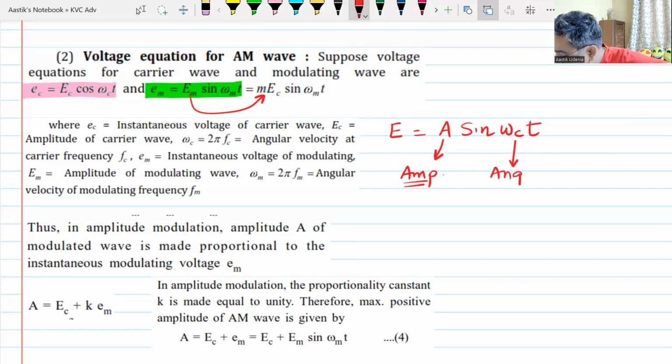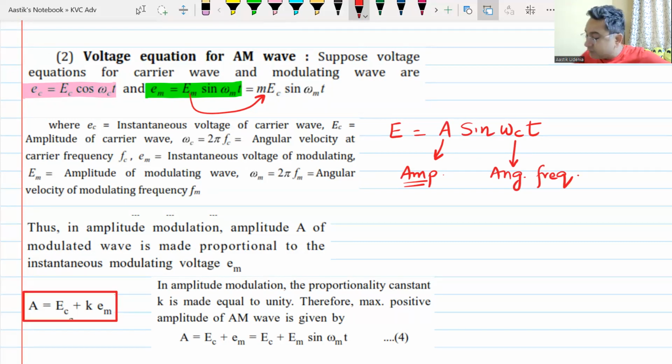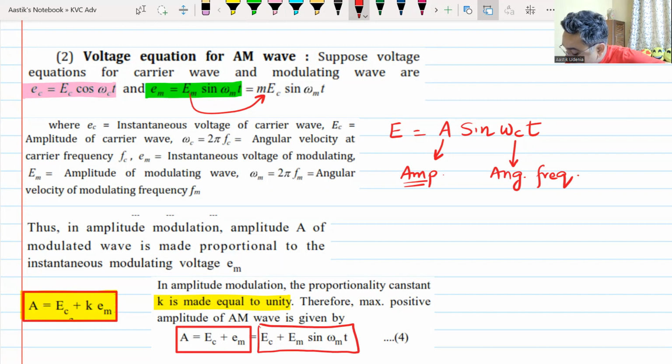Do we understand this? Now this amplitude A of the AM wave will be equal to the carrier wave plus k times EM. If I take k as equal to 1, the amplitude becomes this.